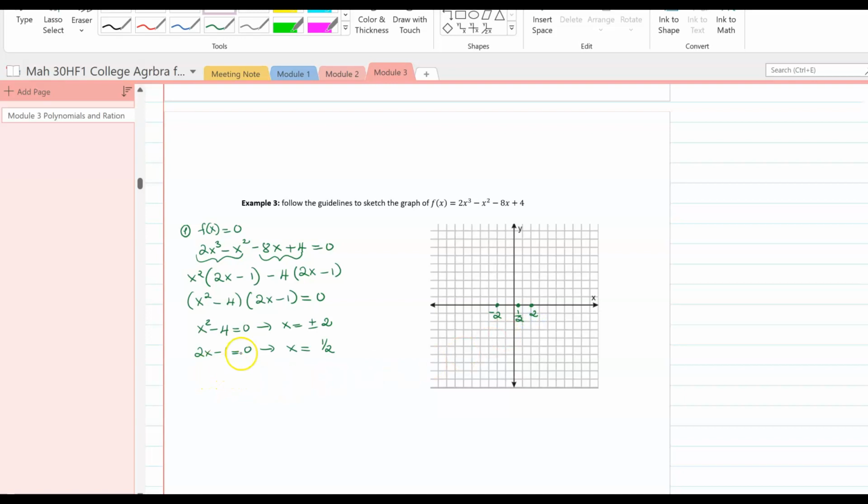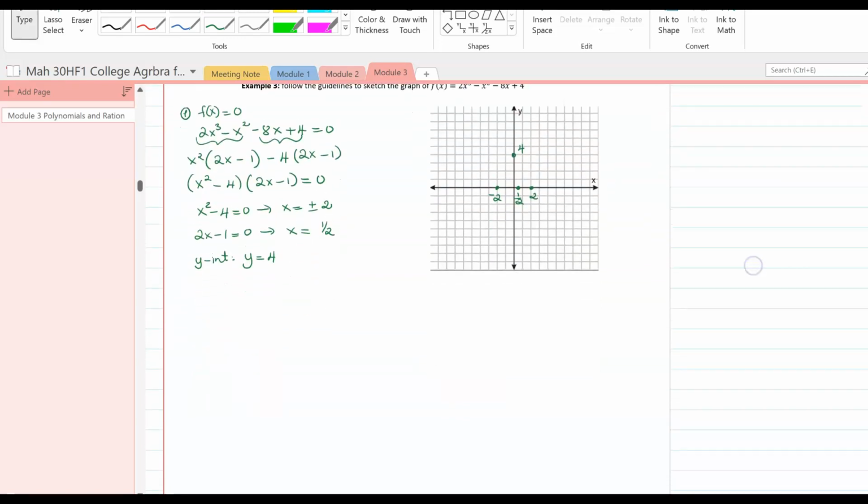And let's find the y-intercept. The y-intercept is the constant term of the polynomial, so the y-intercept here equals 4. Next thing we do is make a table of values. So here x, f of x.